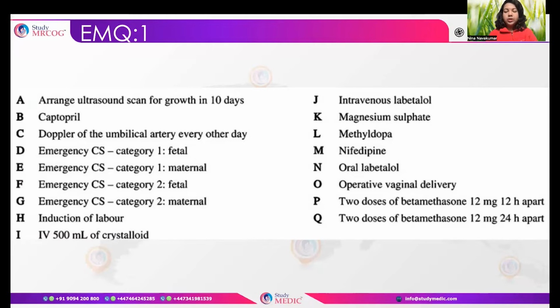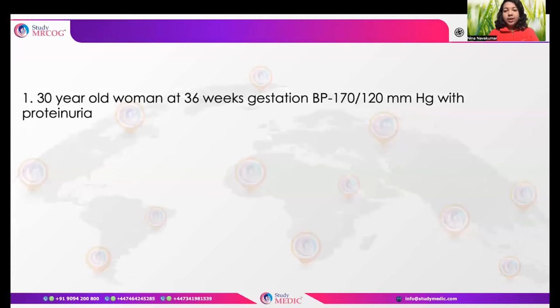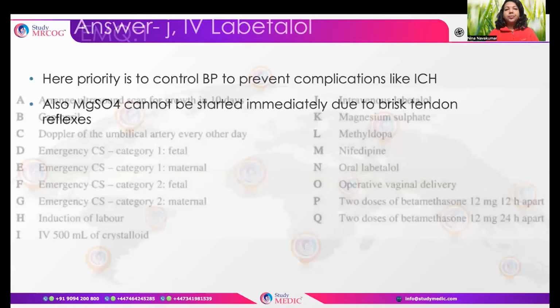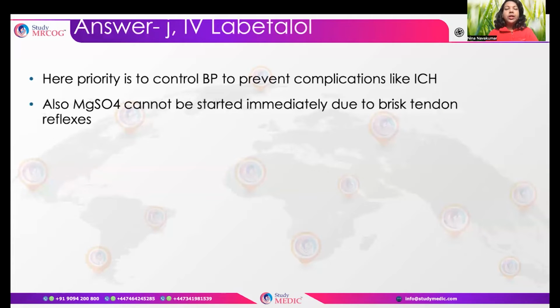So what is the option you would go ahead with for answering this question? Definitely she has a blood pressure of 170 by 110 millimeters of mercury, so our priority would be to control the blood pressure. We need to start her on intravenous labetalol, because she is definitely at risk of having eclampsia, as severe preeclampsia is a precursor for eclampsia.